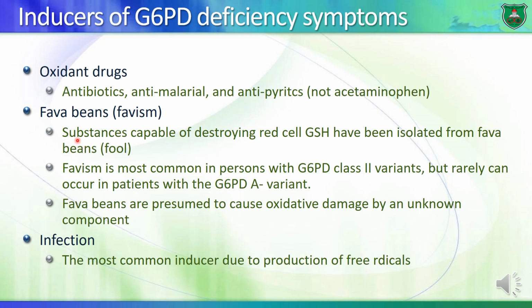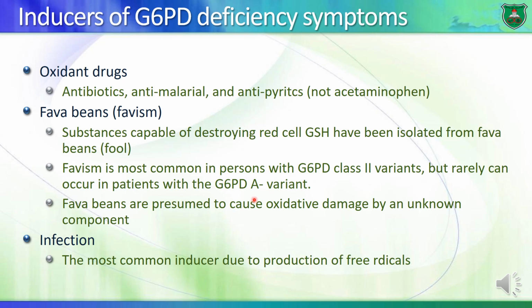So why is it that? Because fava beans contain substances that can destroy glutathione, reducing the amount of glutathione in cells, so that would again reduce the half-life of red blood cells. Favism is very common among class 2 variants, that is in the Mediterranean type of G6PD deficiency.